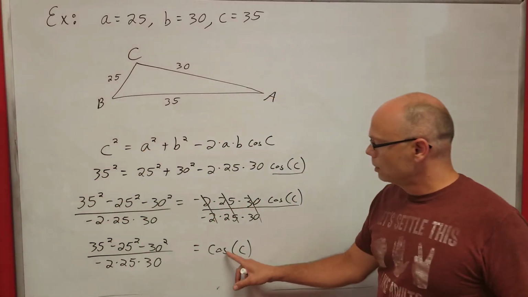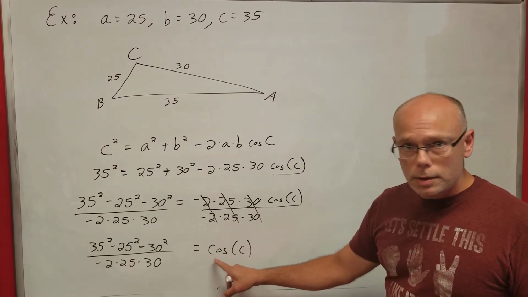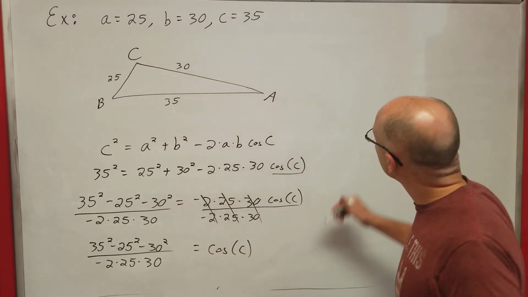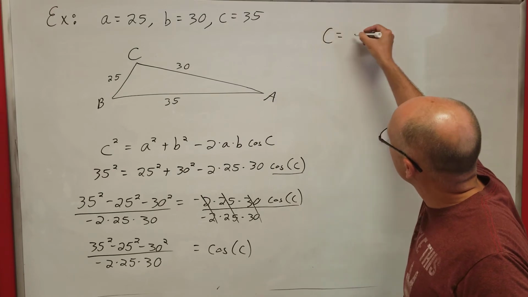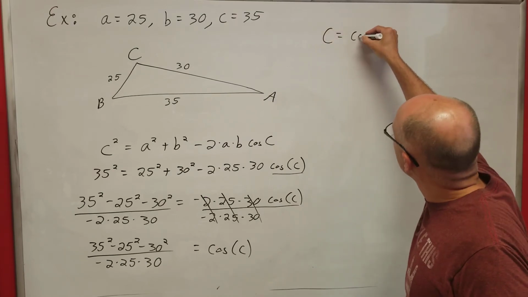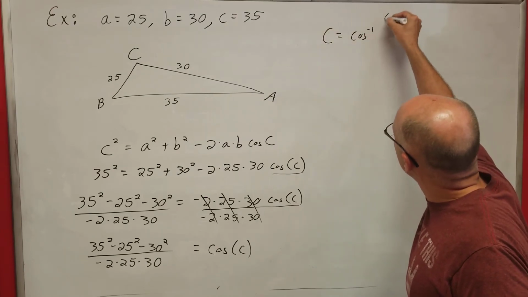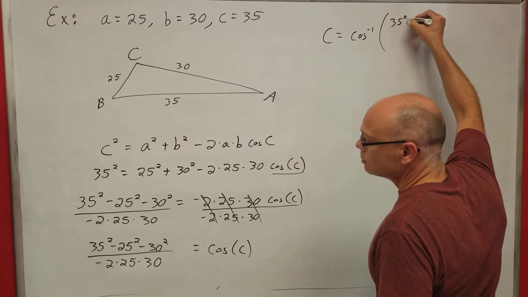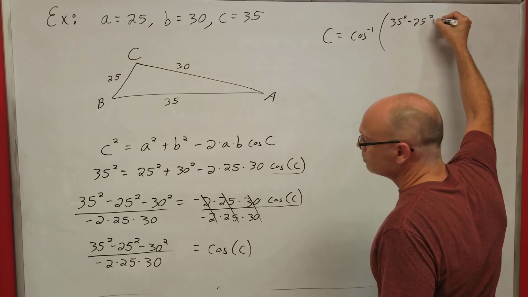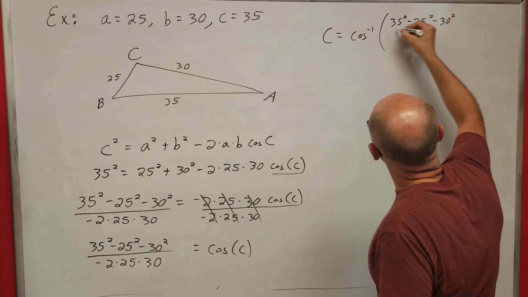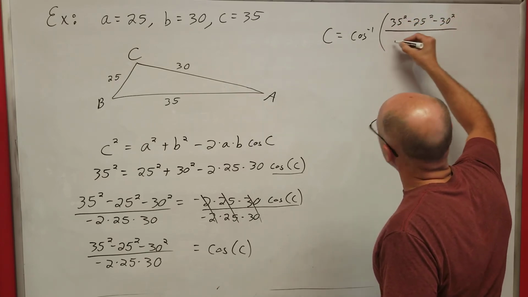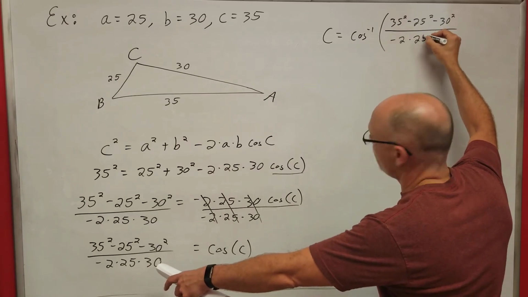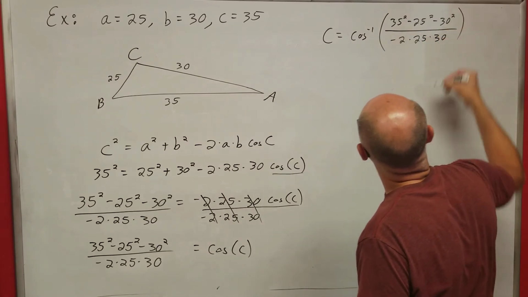All right, so some angle C, whenever I take the cosine, I get that, right? So C is the angle whose cosine is that stuff. Or I can say C is the inverse cosine of 35 squared minus 25 squared minus 30 squared all over negative 2 times 25 times 30.